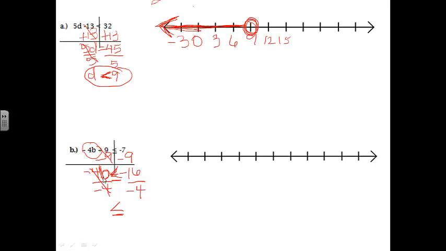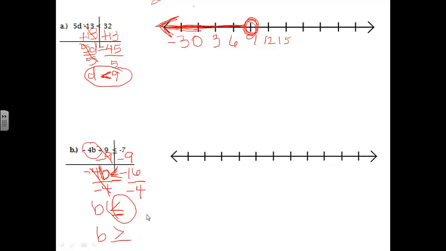I'm only talking about when it's connected to your variable, when you're multiplying or dividing by a negative. There we go. Okay, so I'm going to bring this b down. So -16 divided by a negative, that automatically makes this sign switch. So this sign becomes greater than or equal to.